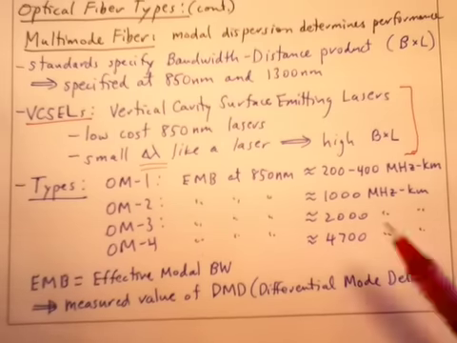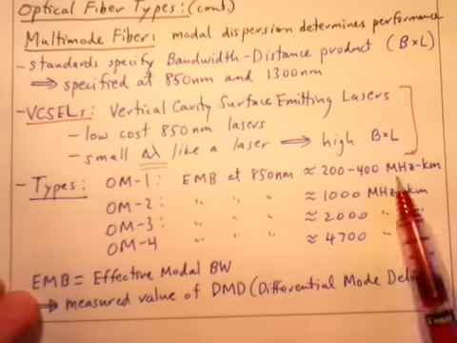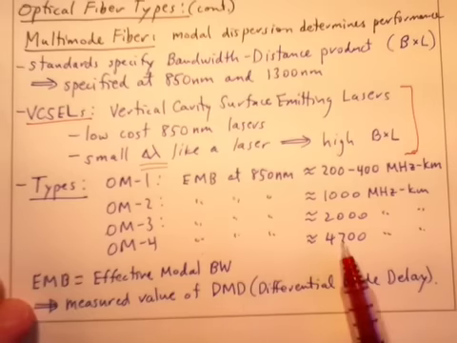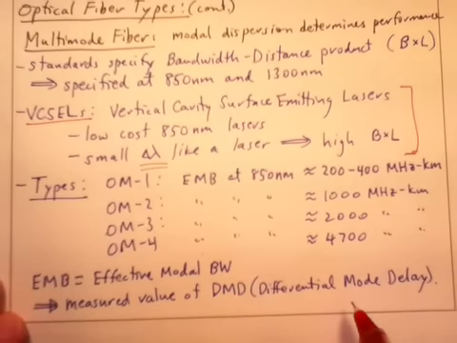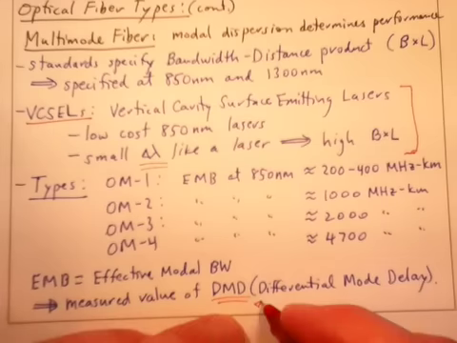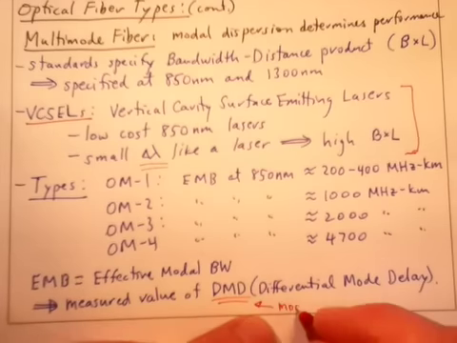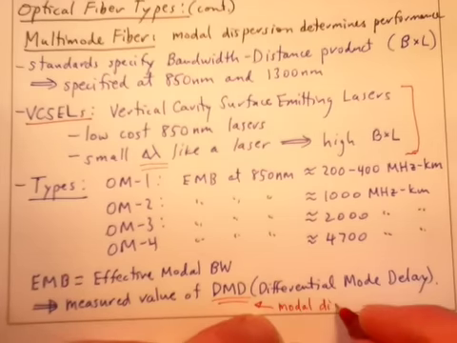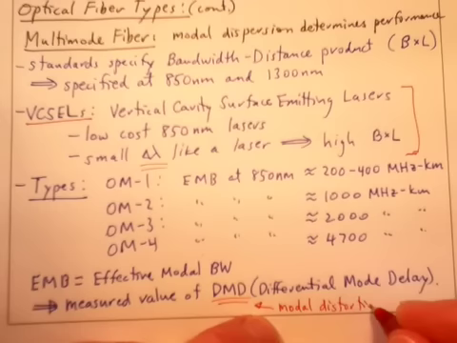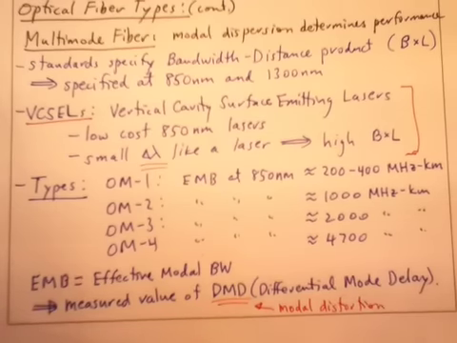This effective modal bandwidth specification is given on these fibers. It really comes from what Corning calls differential mode delay. It's what we have been calling modal distortion in our language. That's what our author Peleus calls it.